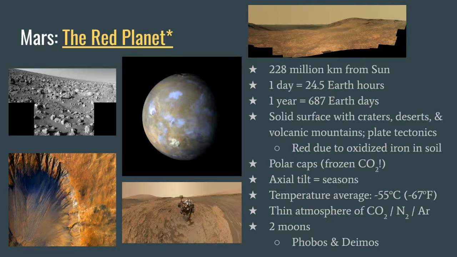The temperature average is negative 55 degrees Celsius or negative 67 degrees Fahrenheit. It has a thin atmosphere, which is causing it to be cold. That atmosphere consists of carbon dioxide, nitrogen, and argon. And it actually has two moons. So like Earth, we have a moon, but Mars has two moons, Phobos and Deimos.